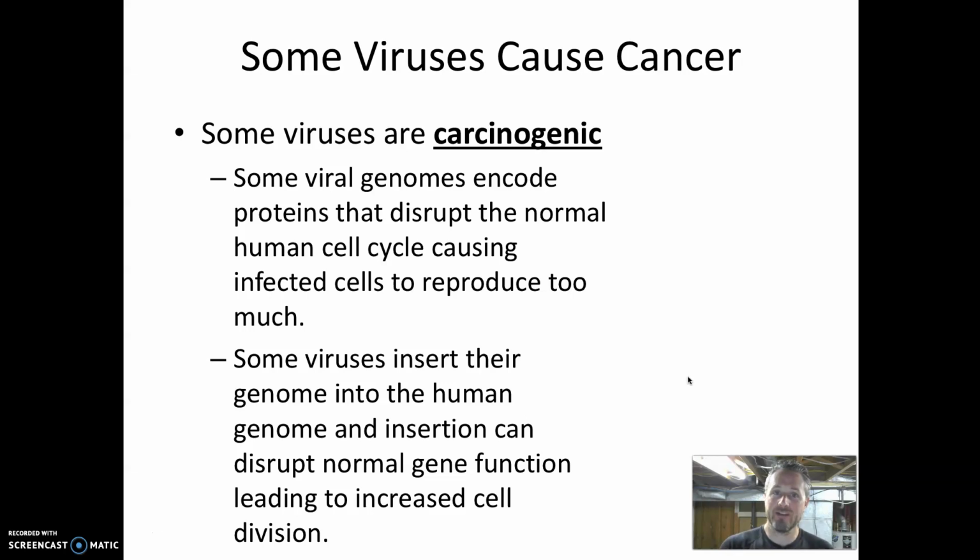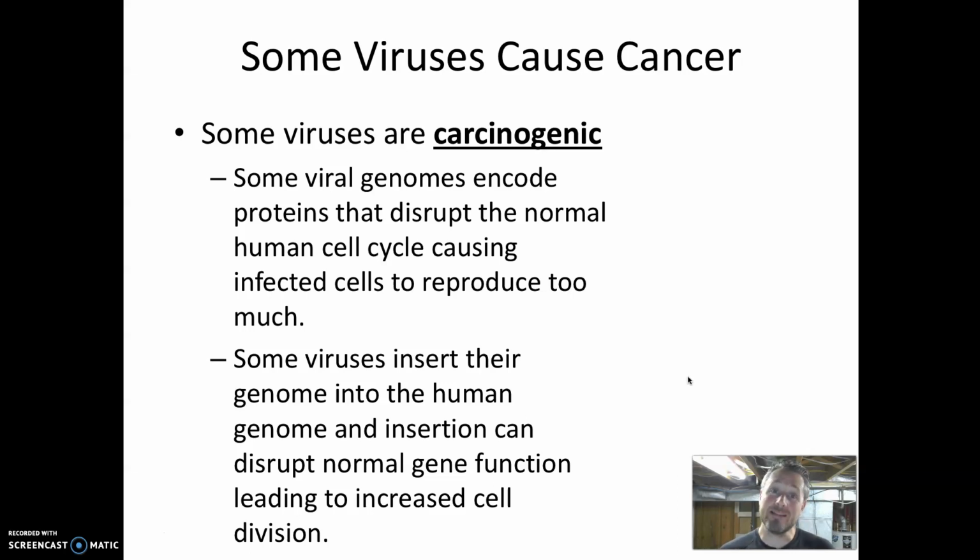So by shoving in the virus genome, we can disrupt the normal function of a human gene. And that normal function might be to control how quickly cells divide. And cells might begin dividing more quickly, leading to cancer.